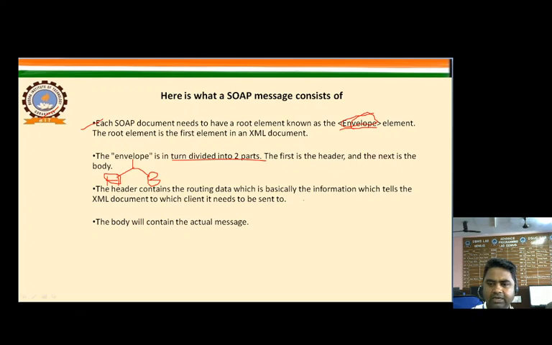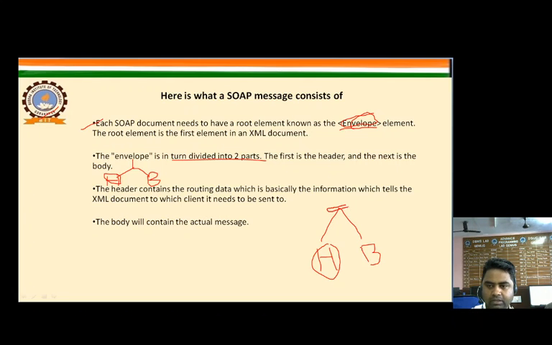Means we can say that if we divide the envelope into two parts, one part is a header and the second part is a body, the body part contains the original message and the header part contains the address to which we can send the data or information. So this one is the full scenario of a SOAP message.